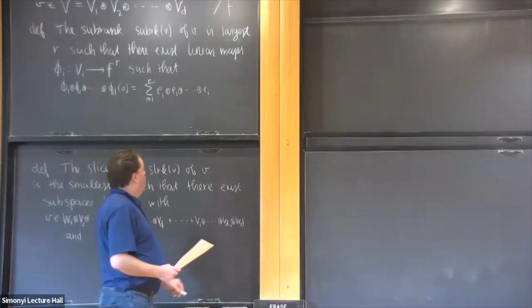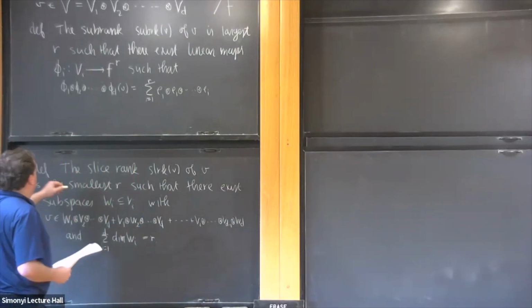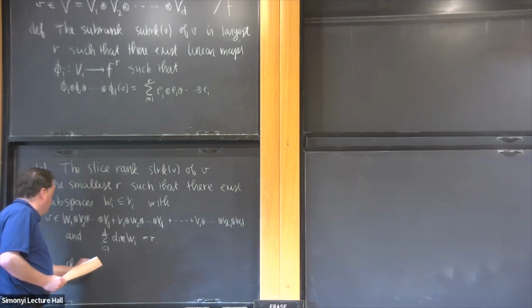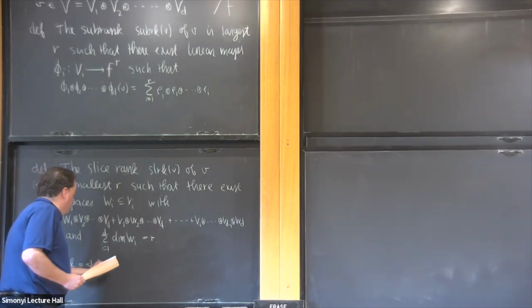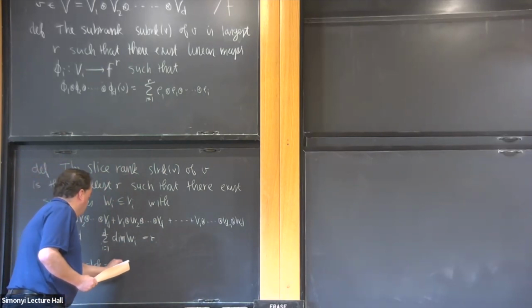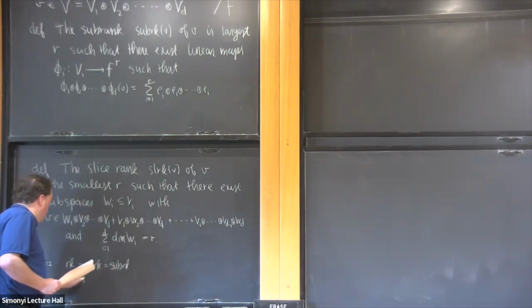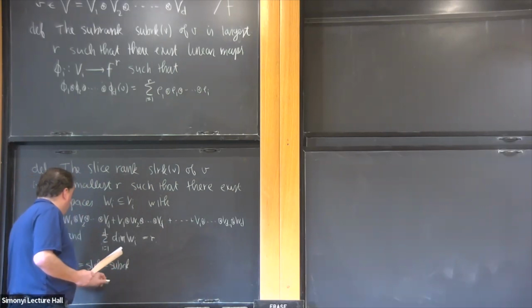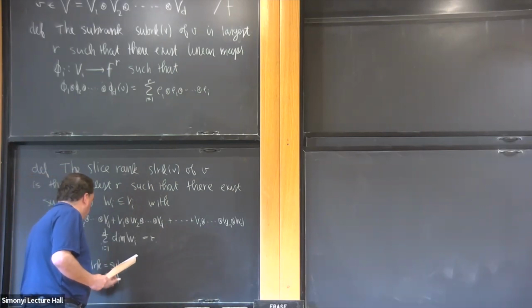So now for d equals 2, the matrix rank is equal to the slice rank is equal to the subrank. And in general, we have that the subrank is less than or equal to the slice rank.